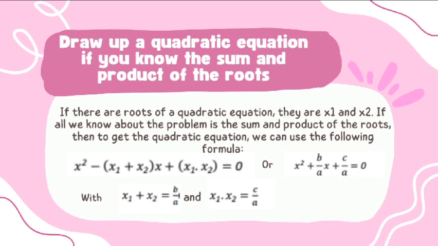Or x squared plus b over a x plus c over a equals 0, with x1 plus x2 equals minus b over a and x1 times x2 equals c over a.